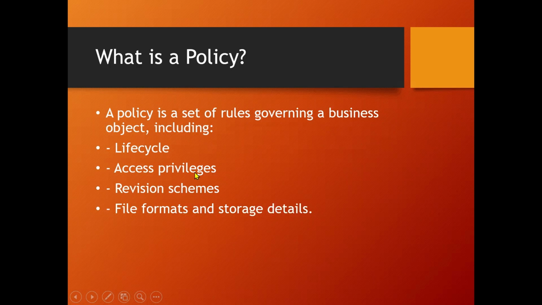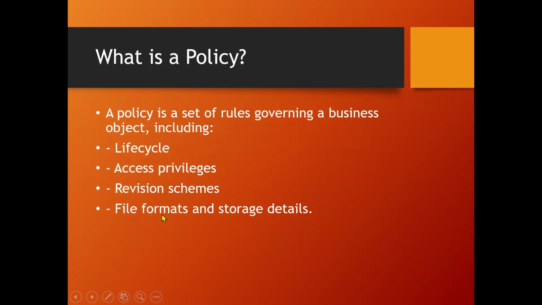Then access privileges, like that part can be accessible to which users, or based on which role the part should be accessible, that we can define. Then if a part is getting revised, what revision sequence it should have, like whether it should have A, B, C or 1, 2, 3 revisioning schemes, that we can define under this.